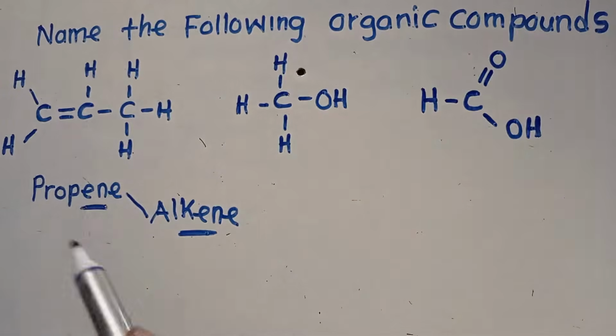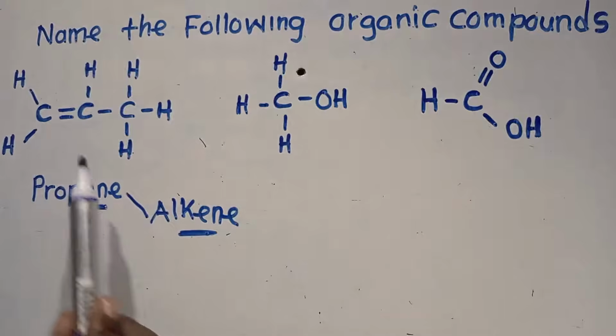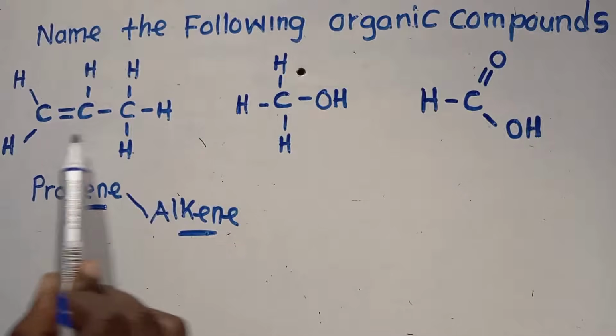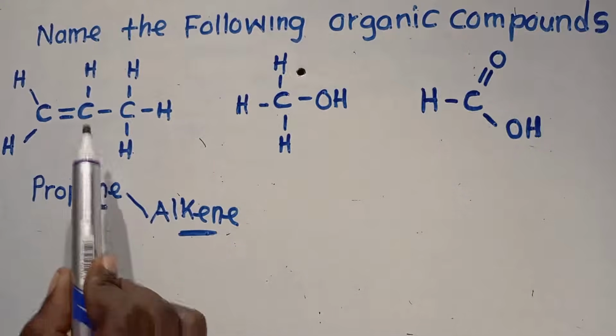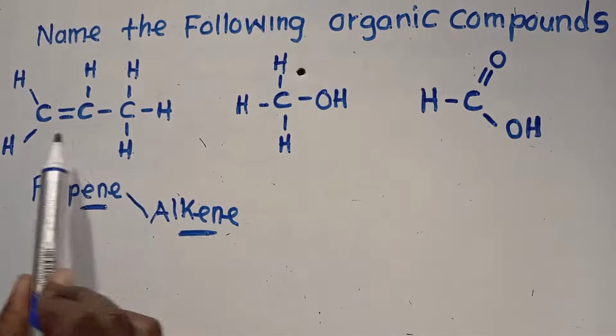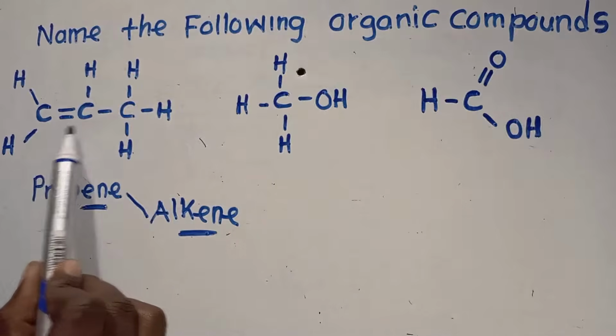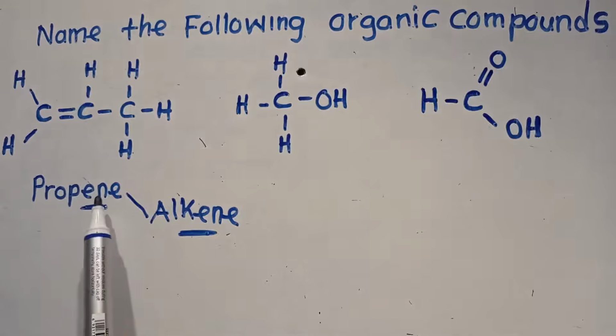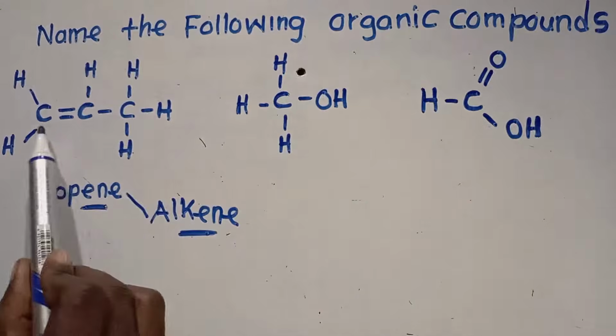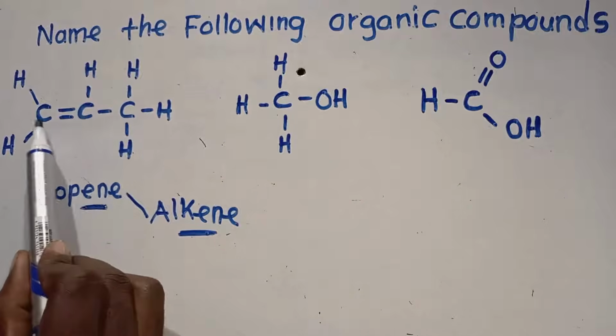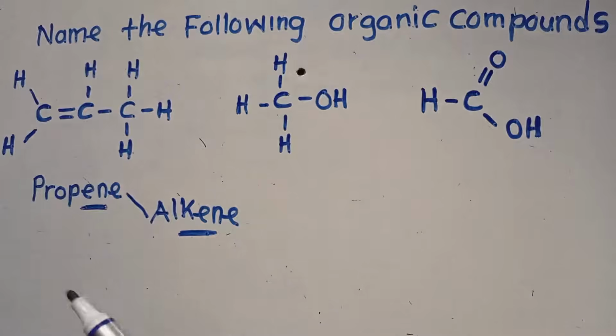And the reason why it is called propene is because it has a double bond. So among the hydrocarbons, whenever you notice a double bond, just know that we are talking about a propene or an alkene. How is it called a propene? Because we have how many carbons? 3 carbons.